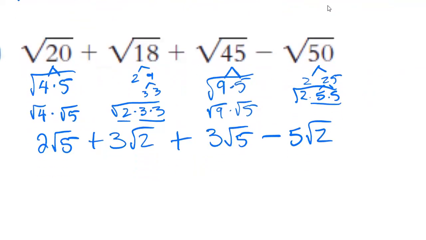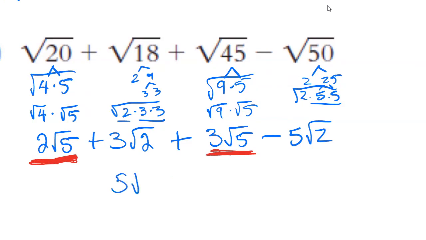So here you can see that this radicand and this radicand are different. So those cannot be combined. But that radicand and index and this radicand are the same. So I can combine those. So 2 plus 3 is 5.